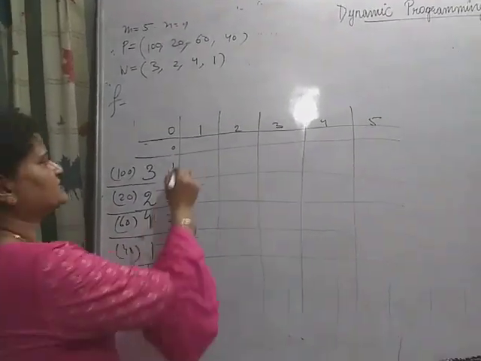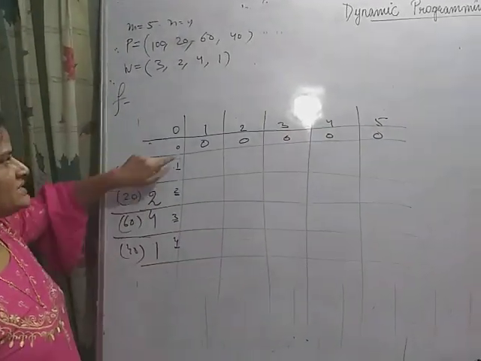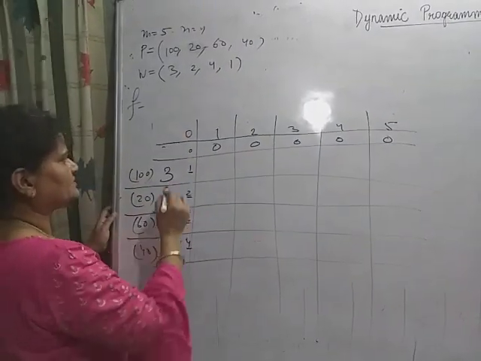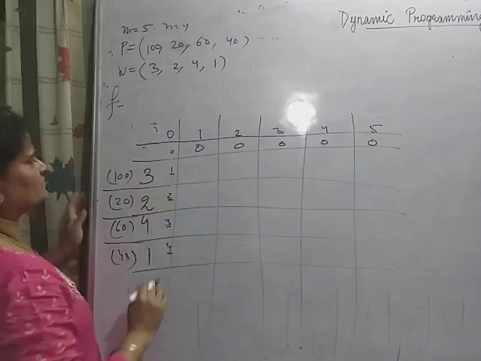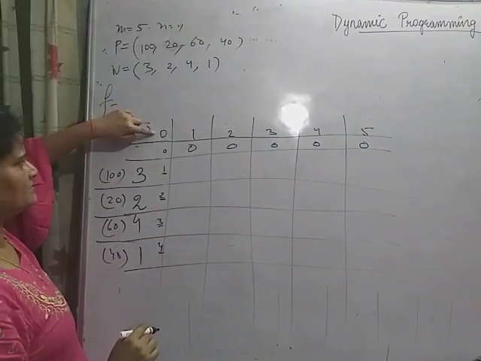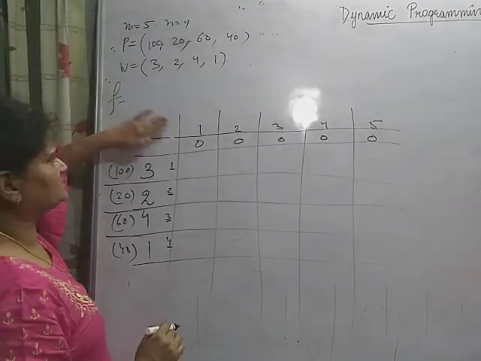So I said that first you fill all the entries as 0. Now the capacity: first we consider the zeroth row and zeroth column.